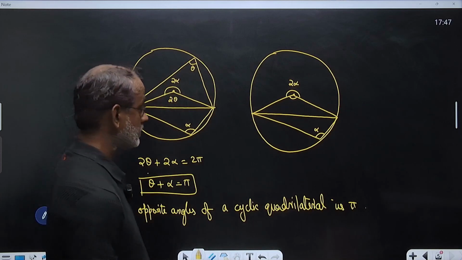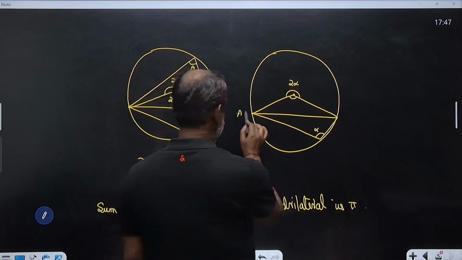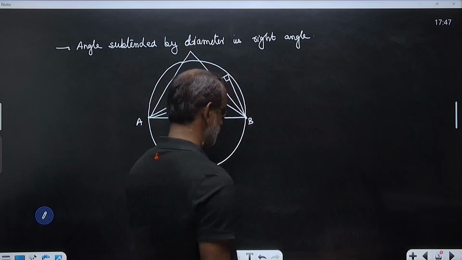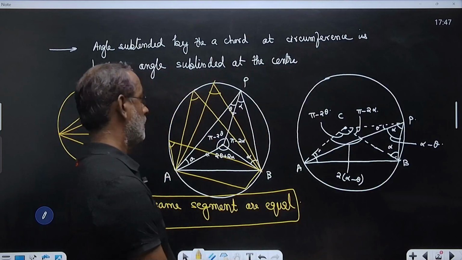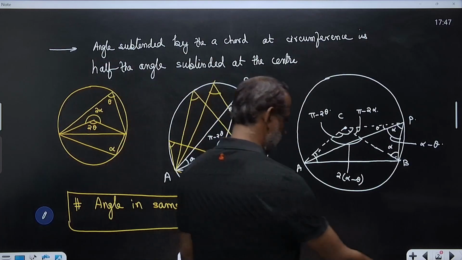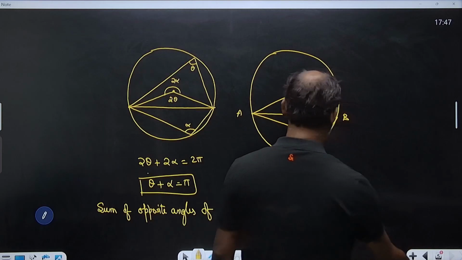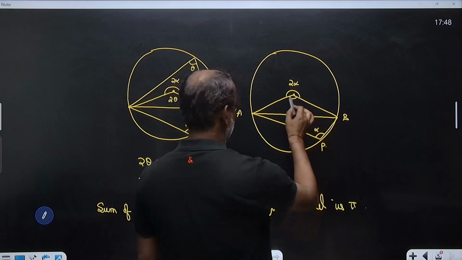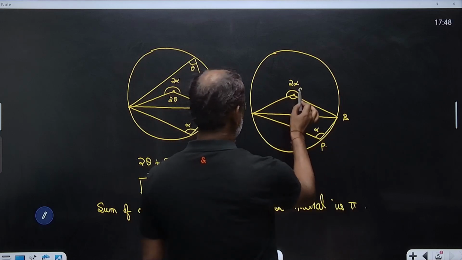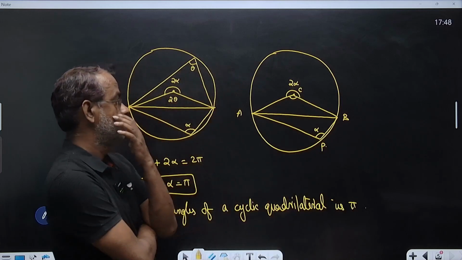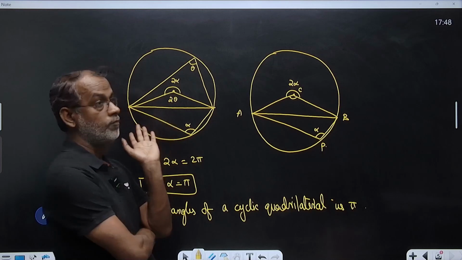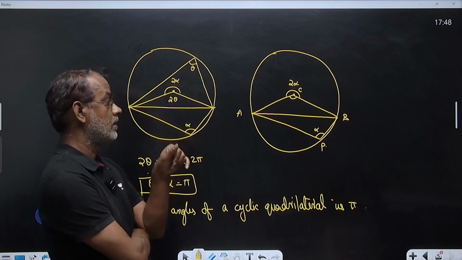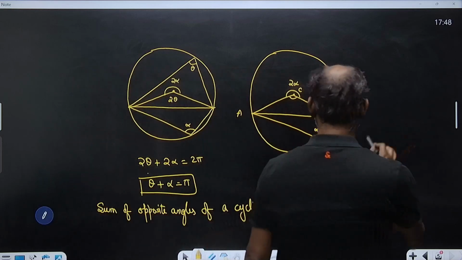Okay, this is the chord. What did we do here? A, B, P, C. There are 4 points. So A, B, P, C. So I hope you will be able to deal with it, okay? First think of PCA.